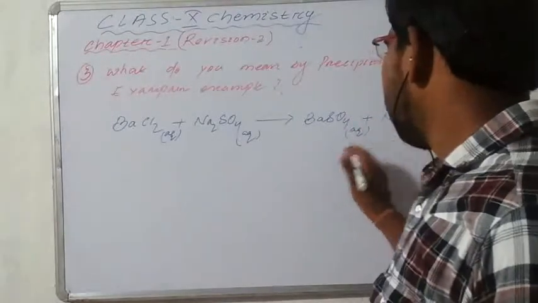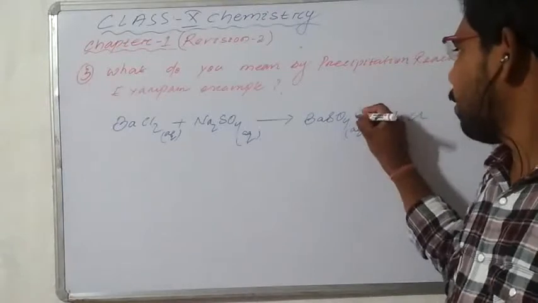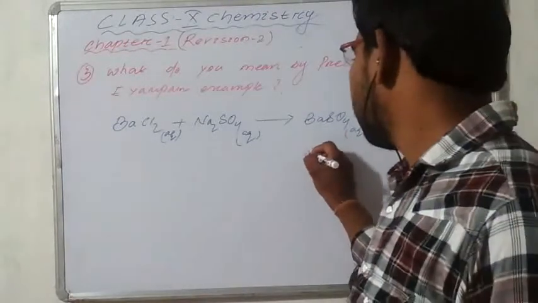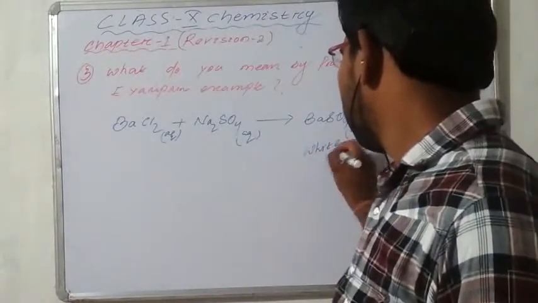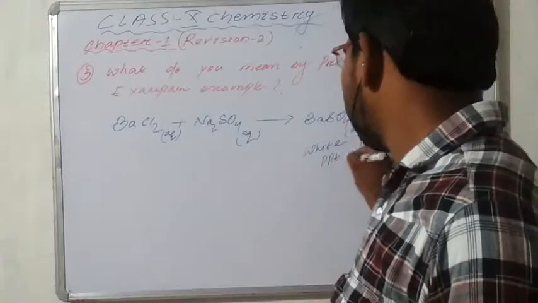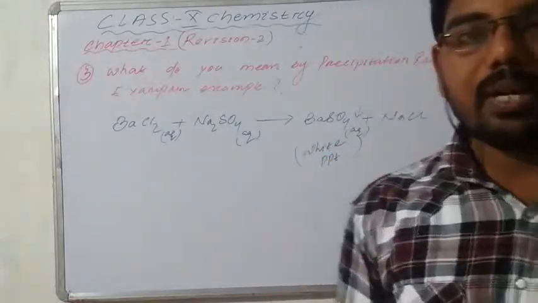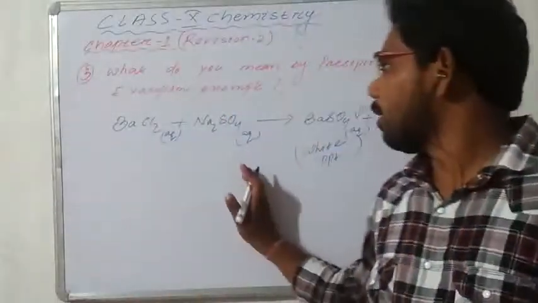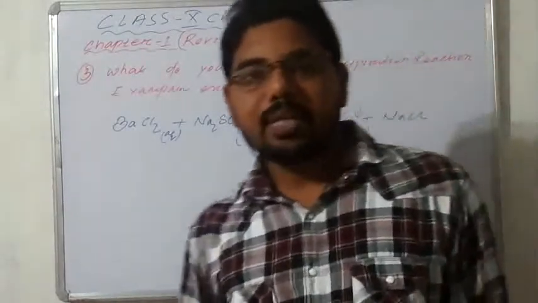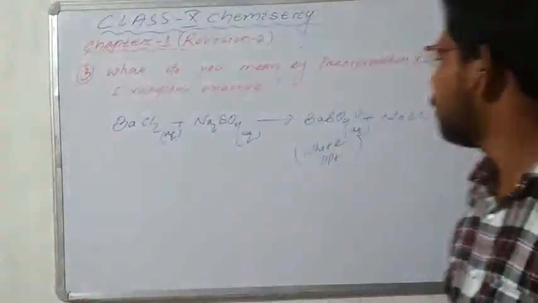Here the barium sulfate is a white precipitate. A white precipitate of barium sulfate is formed. So this is an example of a precipitation reaction.